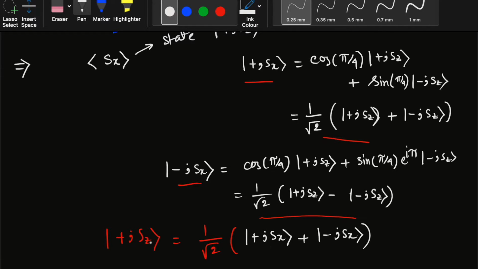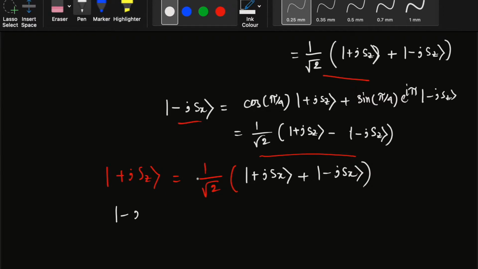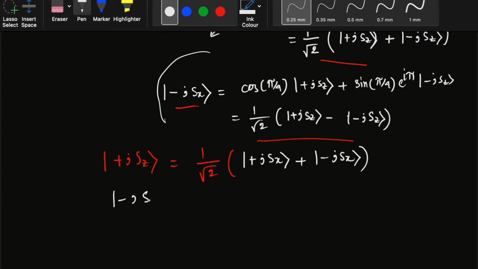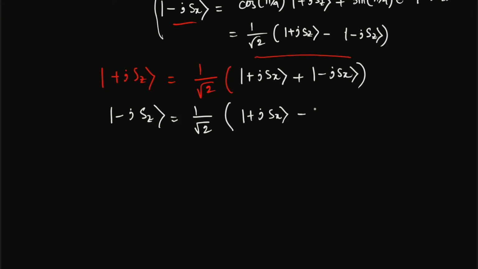Similarly, if we subtract this from this equation, we will get minus Sz is equal to 1 by root 2 times plus Sx minus minus Sx.